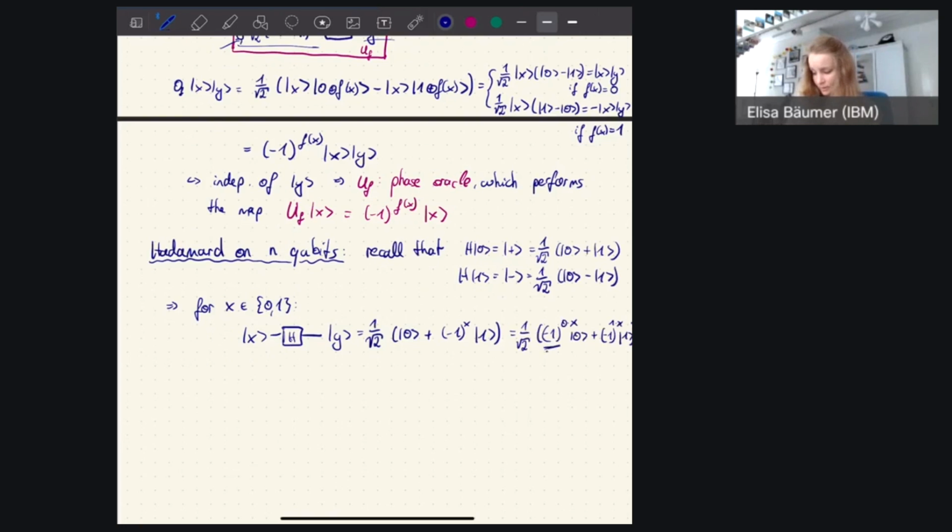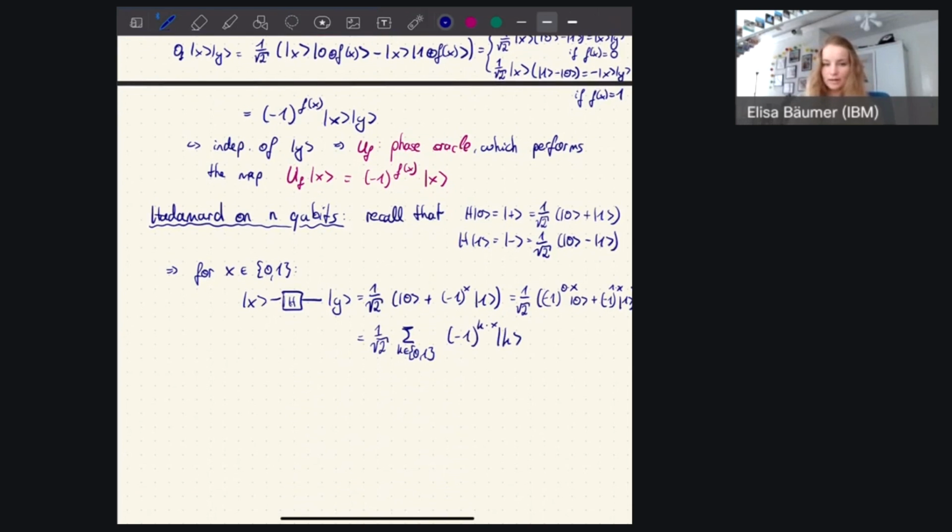But the reason I do that is so that I can write the whole thing as a sum. You can see that this holds. I can write it as a sum over k, which is one of the two bits 0 or 1, of (-1)^(k·x) times |k>. This is just describing the effect of a Hadamard gate on a single qubit that is initially either in 0 or in 1.